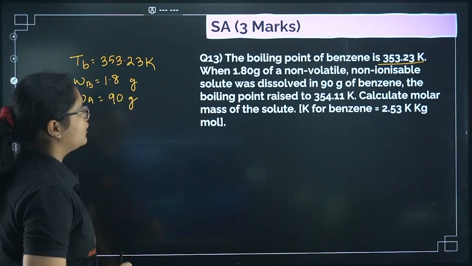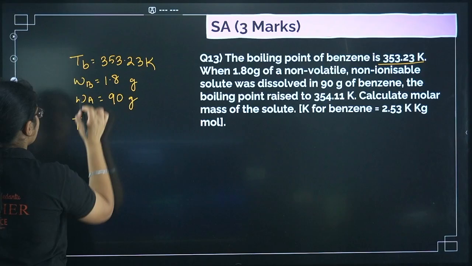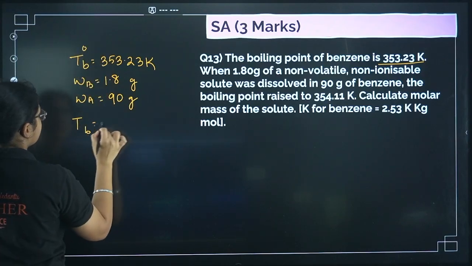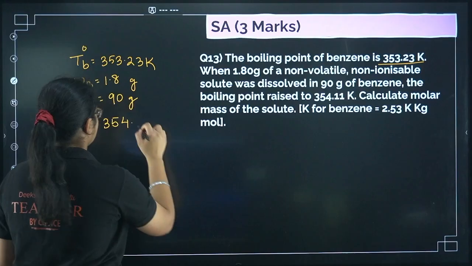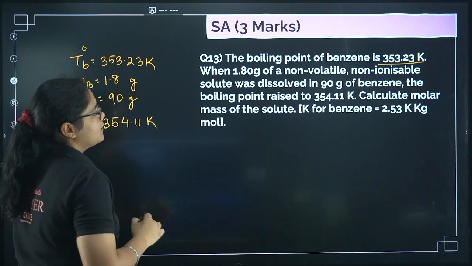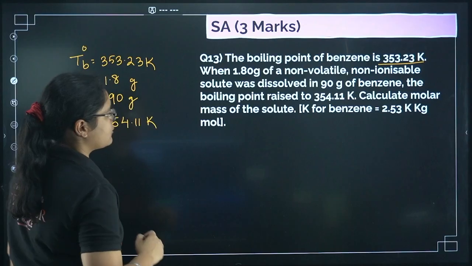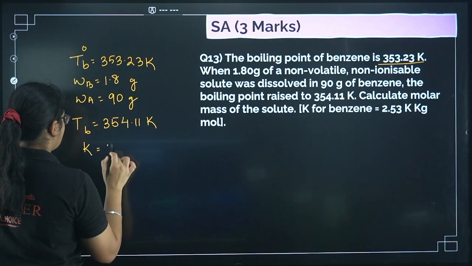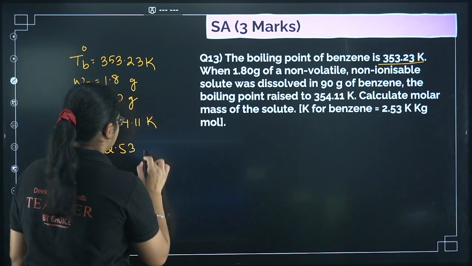The boiling point raised to 354.11 Kelvin. Calculate the molar mass of the solute. Kb is 2.53 Kelvin kilogram mole inverse.